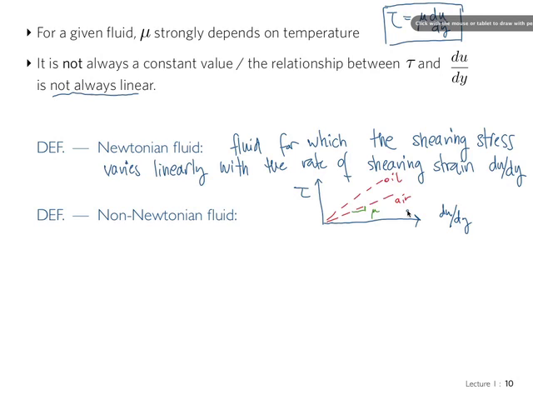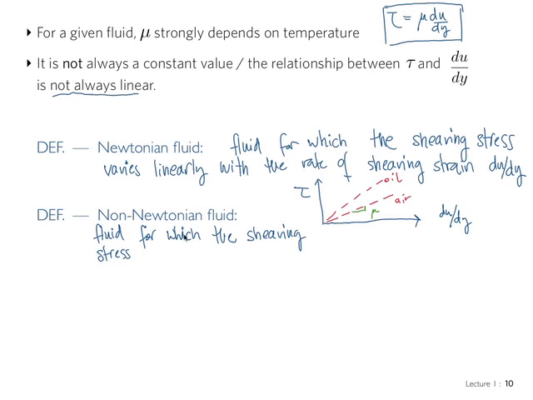In the case of the non-Newtonian fluid, things can be different. So in this case, this is a fluid for which the shearing stress is not linearly related to shearing strain.